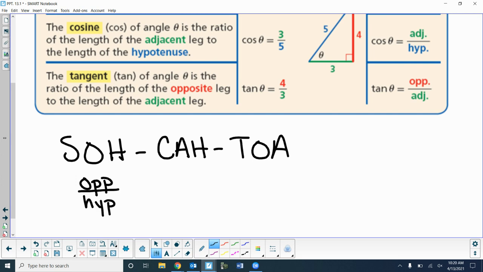And C is for cosine, and A is for the adjacent side, and again, H is for the hypotenuse. And then for tangent, O is for opposite side, and A is for adjacent side. Okay? So this is a little memory aid to help you remember what the fraction looks like.